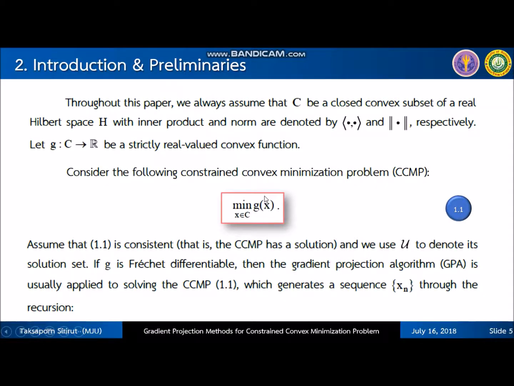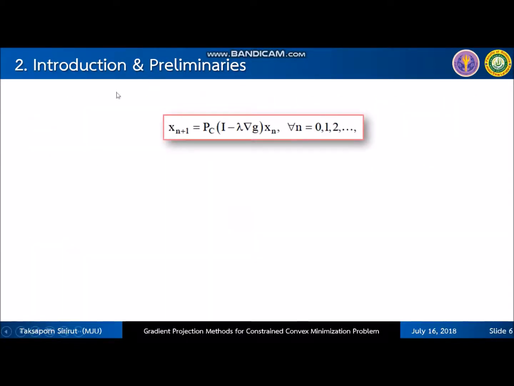If g is differentiable, the gradient projection algorithm is usually applied to solving the constraint convex minimization, which generates a sequence xn through the recursion xn+1 equals the composite of PC and (I minus lambda gradient of g) at xn, for all non-negative integers n.